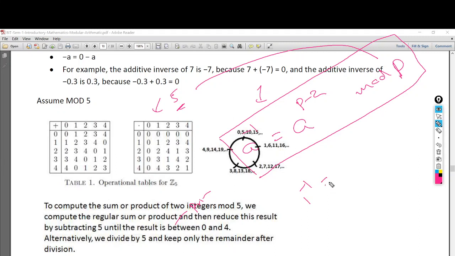Here a is 1: 1 to the power 5 minus 2 in mod 5. 5 minus 2 is 3, and 1 to the power 3 is 1 anyway. Therefore 1 inverse equals 1 in mod 5, which is exactly what we got. Now let's apply this for 2. What we got was 3. Let's apply it.